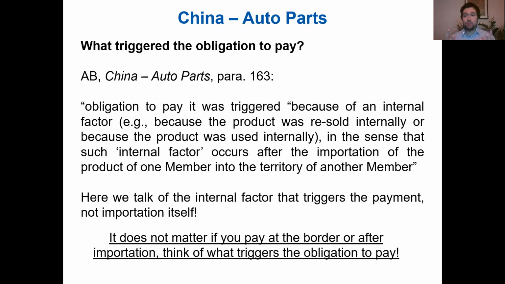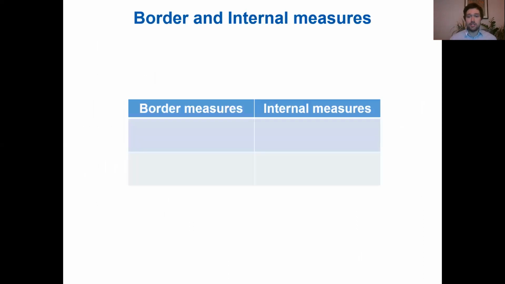Now, trying to make the conclusion out of the China Autoparts case, let's just see this short table, and let's make conclusions based on what we just discussed. So what are the rules applicable to border measures?